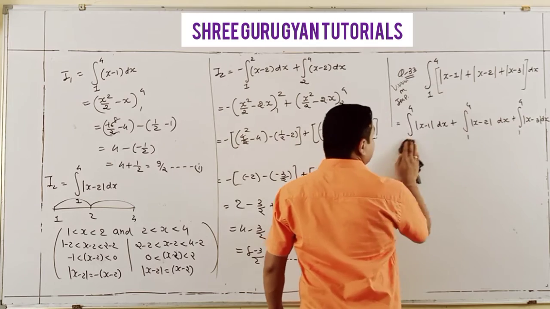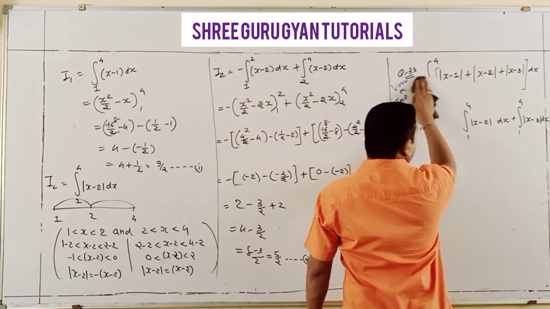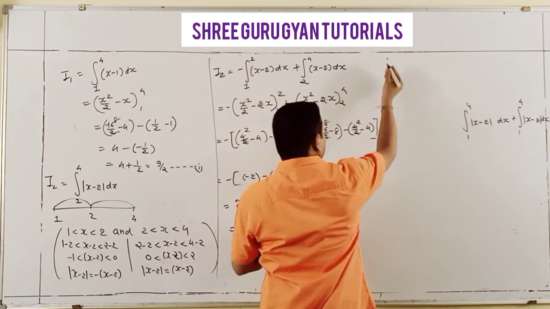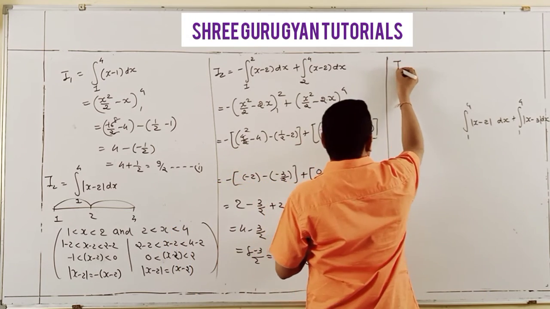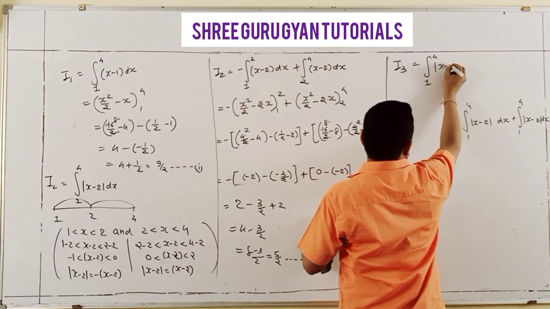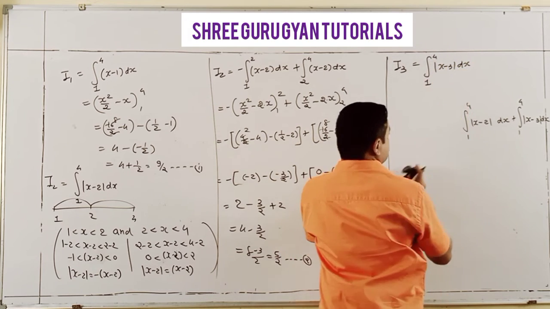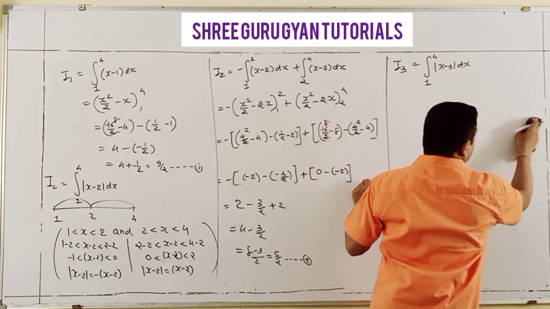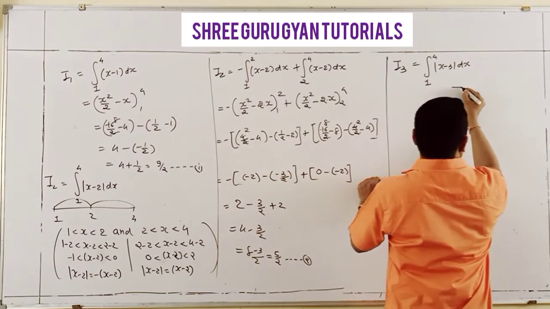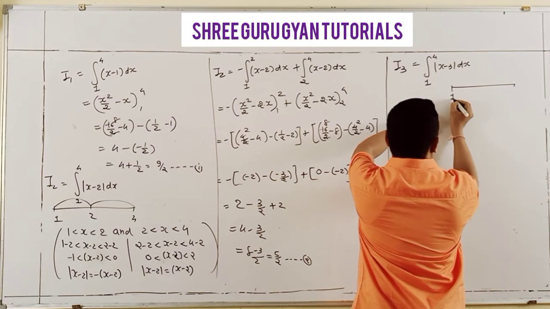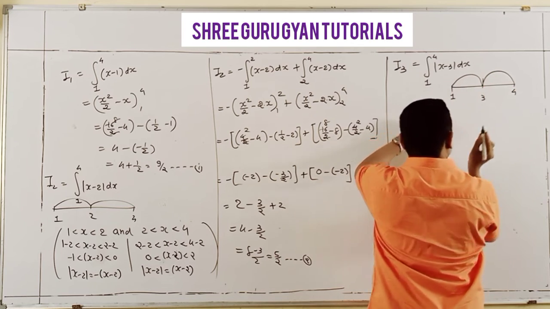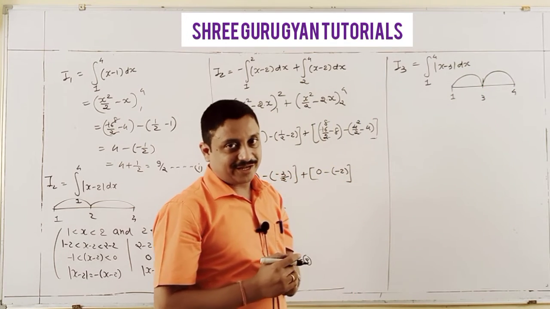So now I start our I3: integral from 1 to 4 of modulus x minus 3 dx. Now here also, students, create your boundary between 1 to 4, that is 3. One is 1 to 3, the other is 3 to 4. Correct, no?